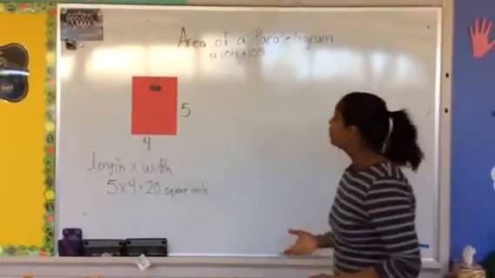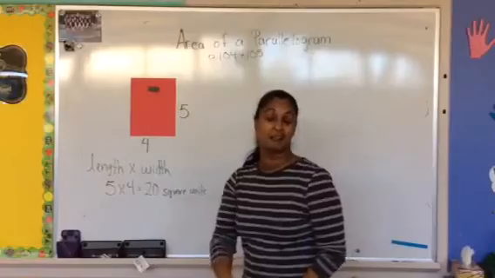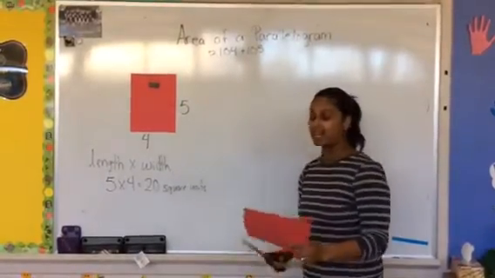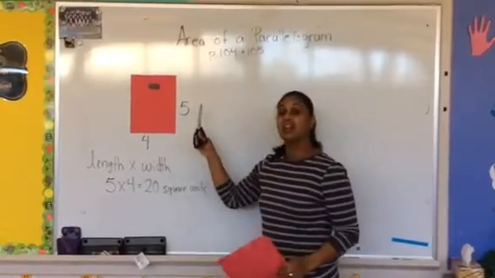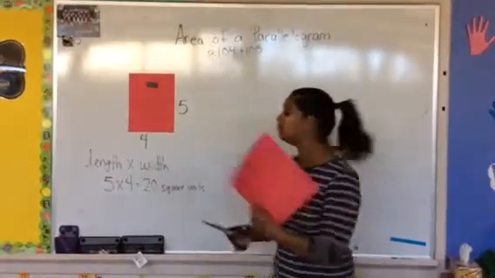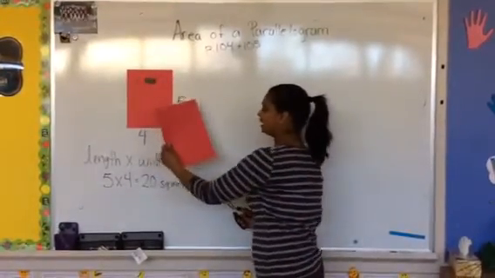So area of a parallelogram sounds a little more complicated, but it actually is not that bad. The trick to knowing the area of a parallelogram is to understand that a parallelogram can actually be made out of a rectangle.